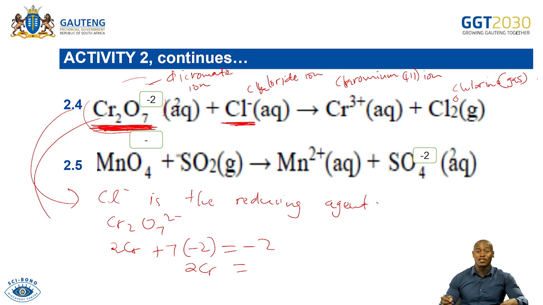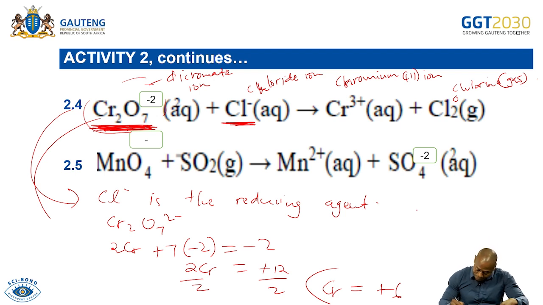So negative 14 transposed will be positive 14, and positive 14 minus 2 is positive 12 this side. Divide by 2, divide by 2. So Cr will be plus what? Plus 6. That will be the oxidation number of chromium in a dichromate ion. So it's plus 6.